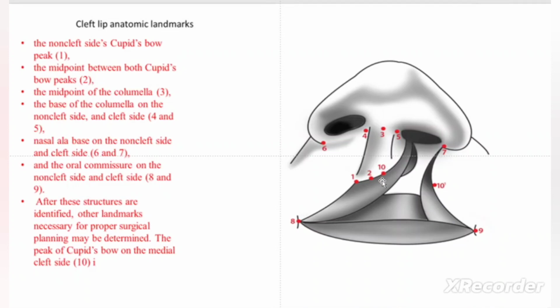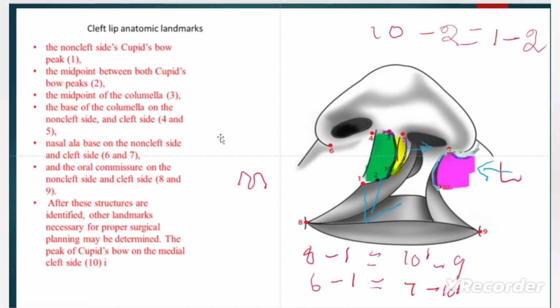So we mark number 10 based on the non-cleft side Cupid's bow peak and the midpoint of both side Cupid's bow peaks. For marking 10, we have already seen that 10 to 2 is equal to 1 to 2.